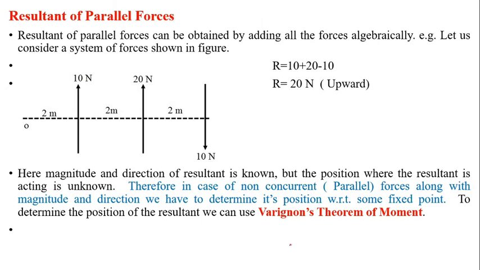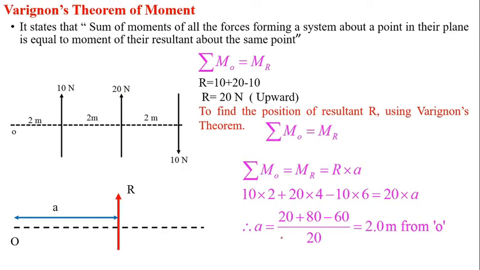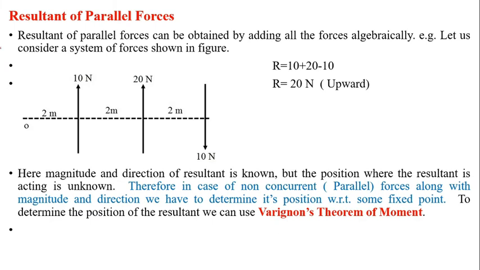Now let us discuss resultant of parallel forces. Here we will be using two slides to calculate resultant of parallel forces. Resultant of parallel forces can be obtained by adding all the forces algebraically.